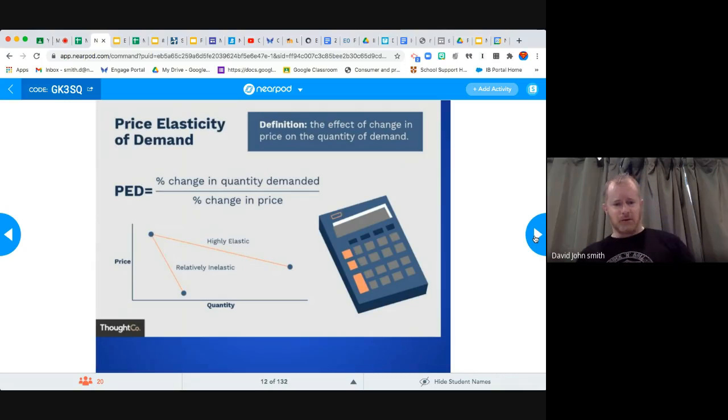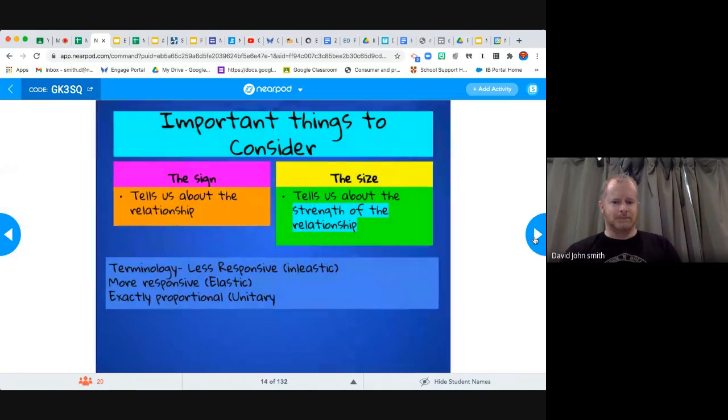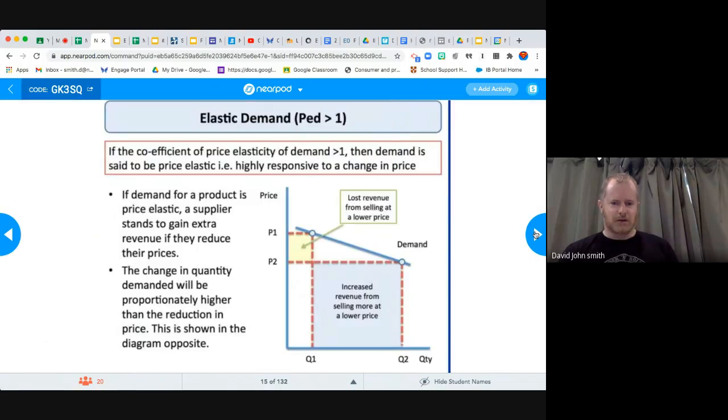Well, the coefficient of 2, in theory, is obviously elastic. But what about if you had a coefficient of 4? Well, that's double. So that's, yeah, much bigger, much more elastic, a much bigger response. All right. So, done that. Size of the relationship, strength of the relationship, terminology, good. Now, visually, check this out.